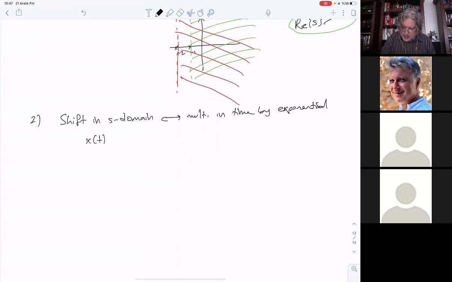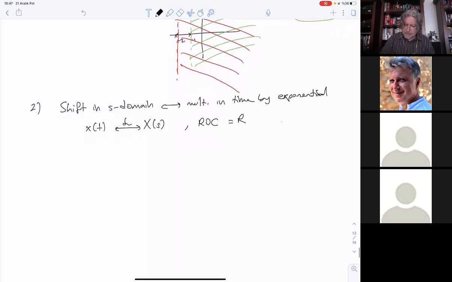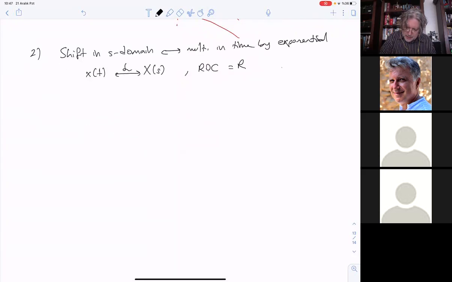If x of t has a Laplace transform of x of s, where the region of convergence is, let's say, R, a region, then e to the s0 t, which is the exponential that we multiply, times x of t, so that we make this kind of a multiplication, we can clearly find from the integration formula that this makes x of s minus s0.